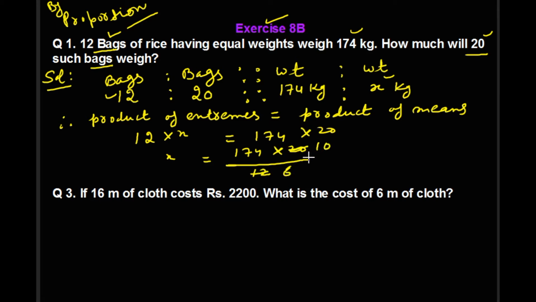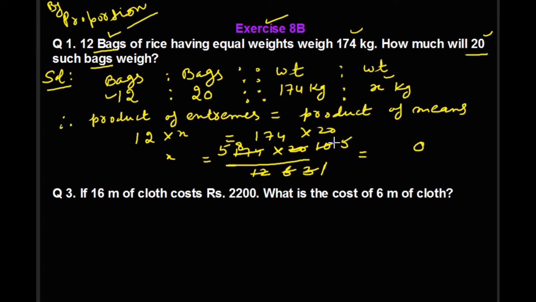This is simple. We are going to solve it. 6 twos are 12, 10 twos are 20, 3 twos are 6, 5 twos are 10, 3 ones are 3, 3 fives are 15, 2 are remaining. 17 minus 15 is 2, that will become 24, 3 eights are 24. Here 58 multiplied by 5.